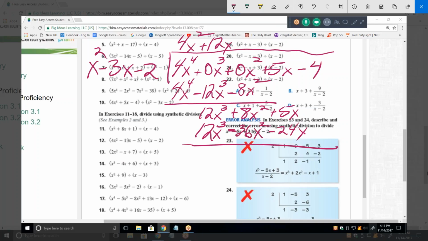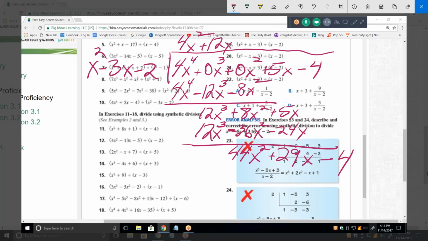So that gets you 44x squared plus 29x. Now you bring down the next term. All right, so negative 4.